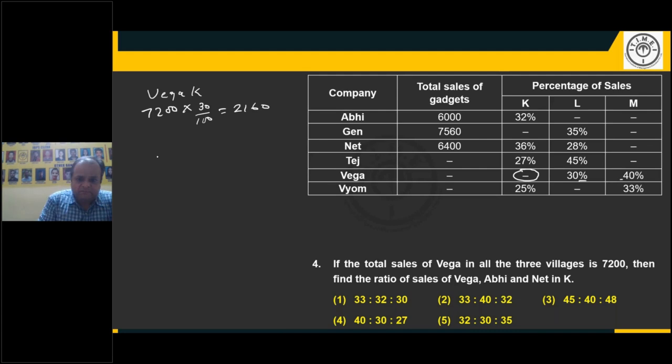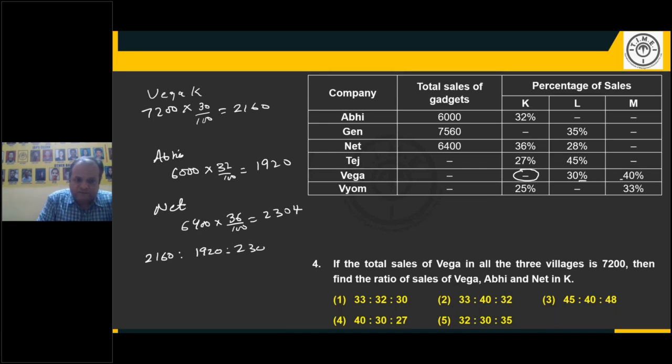Now for Abhi, you can clearly figure out Abhi is 6000 total and K is 32%, and this comes out to be 1920. And third is your Net. For Net, the total is 6400, and this value we have computed earlier also, 36%, and that comes out to be 2304. So the ratio would be 2160 : 1920 : 2304.